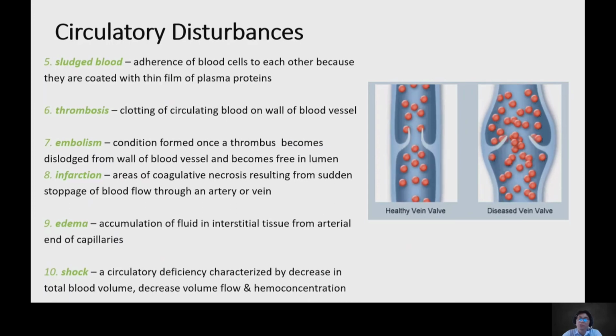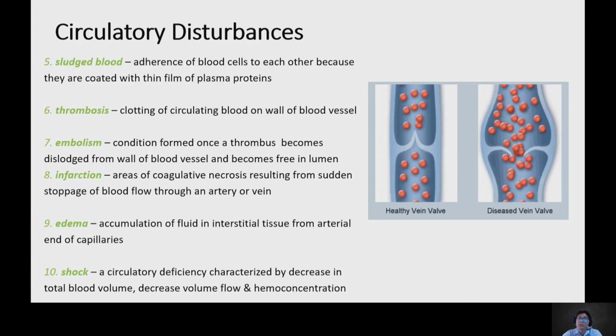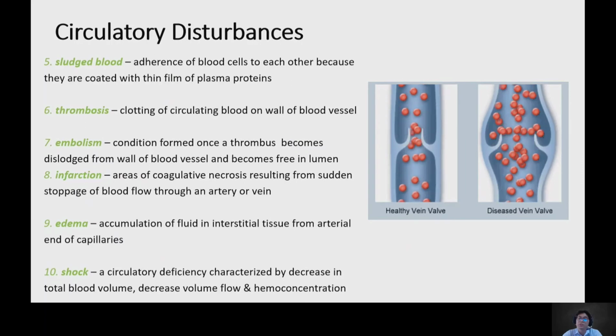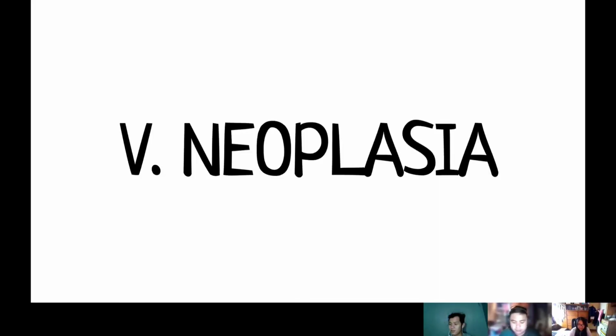Edema is the accumulation of fluid in interstitial tissue from the arterial end of the capillaries. And lastly, shock, a circulatory deficiency characterized by the decrease in total blood volume, decreased volume of flow, and hemoconcentration.